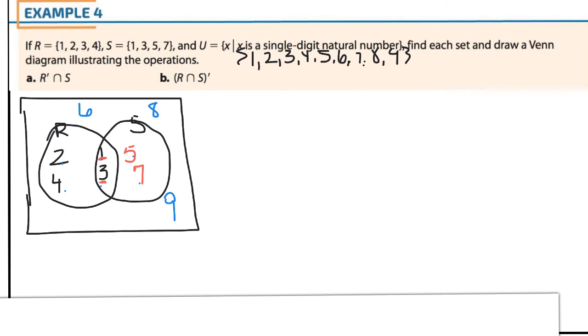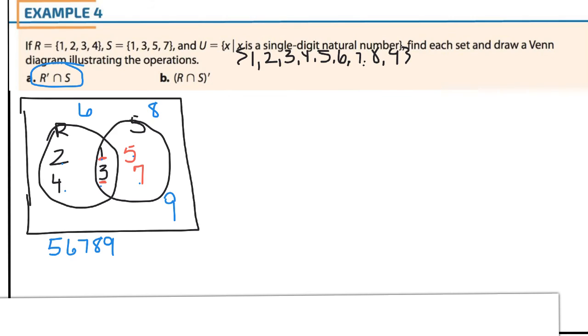So this says I want R prime, everything outside of R, intersected with S. So everything outside of R is 5, 6, 7, 8, 9.